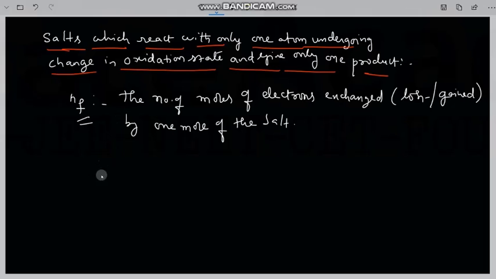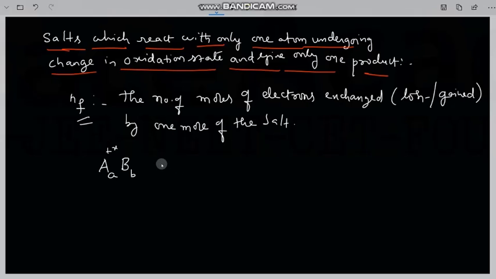For example, I am taking a salt AaBb. For A, I am taking small a as the number of atoms in the formula. For B, I am taking small b as the number of atoms of B. Here I am taking the oxidation number of A as plus x.